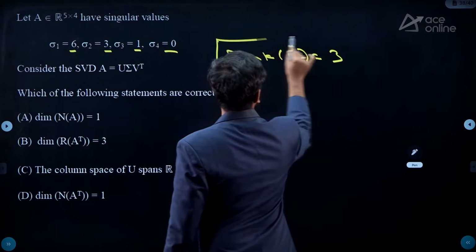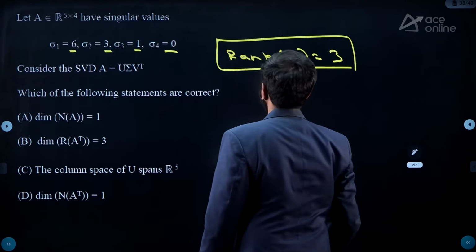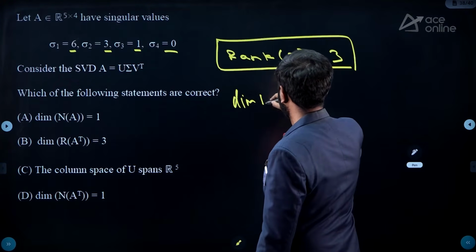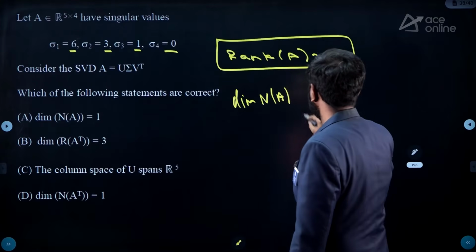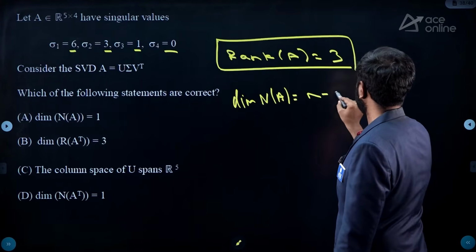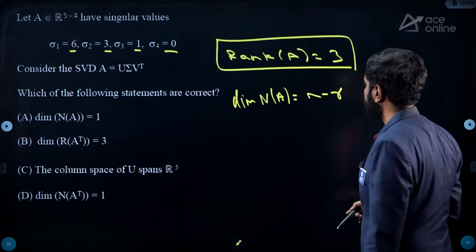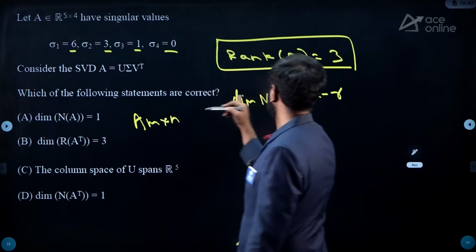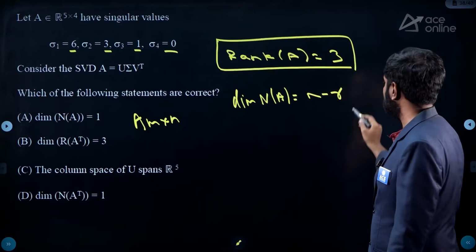So this is going to solve many questions. They want the dimension of the null space of A. The dimension of the null space of A has a formula n minus rank of A. So imagine A is an m cross n matrix, then the dimension of the null space is given by n minus r.